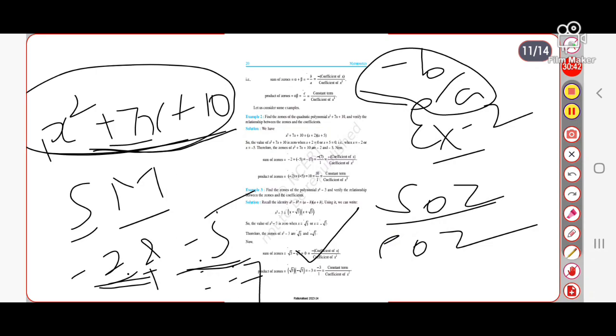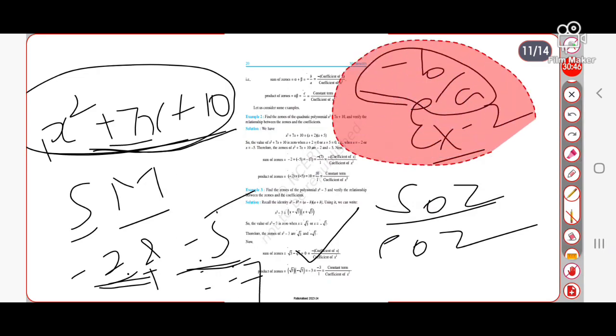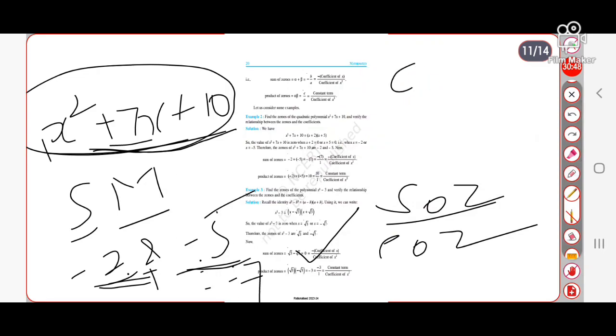What about the product of zeros? That is the next step. We know that the product of zeros is c by a. So c is 10, a is 1. So the product of zeros should be 10. Again, minus 2 times minus 5 is nothing but 10.